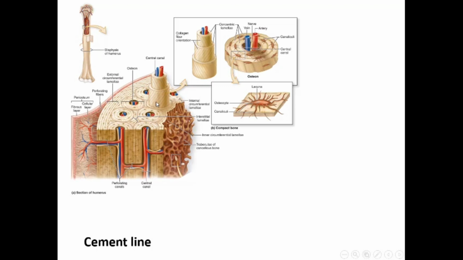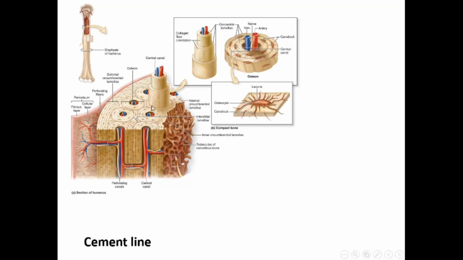The orientation in each layer differs by about 90 degrees, so we have orthogonal orientation in successive layers. And this orientation increases the strength of the lamellar bone, like a plywood.